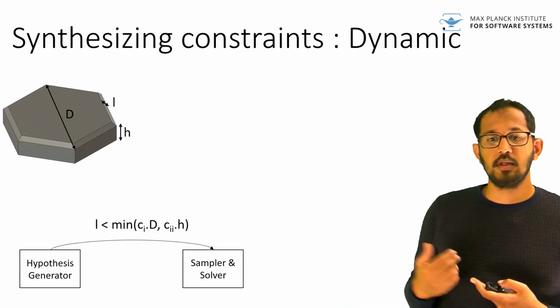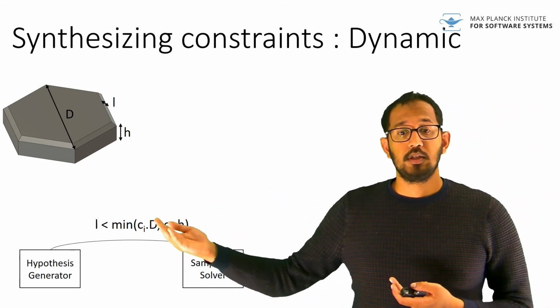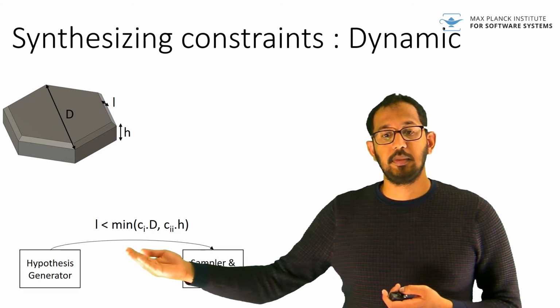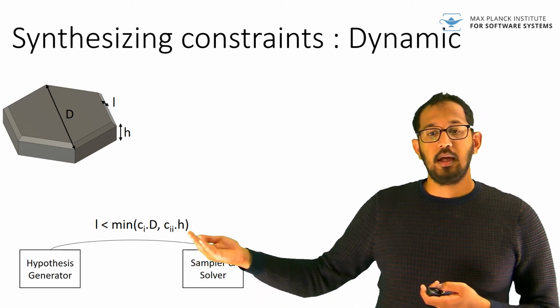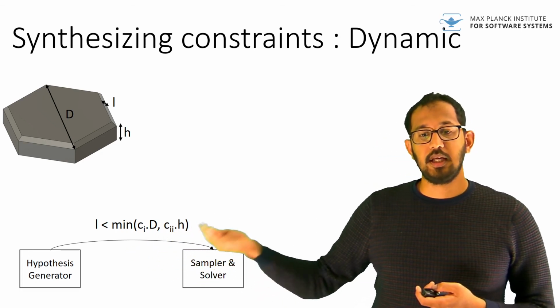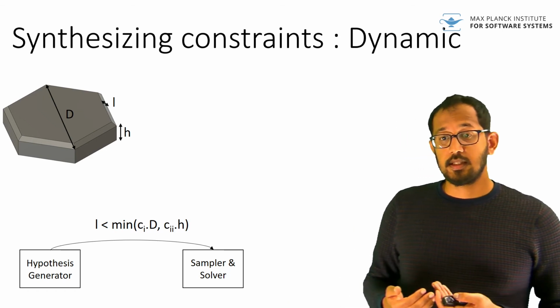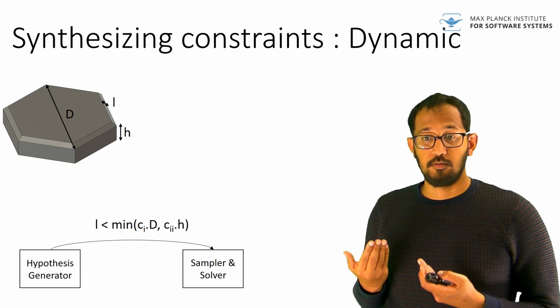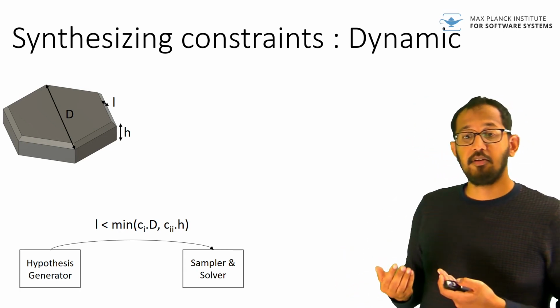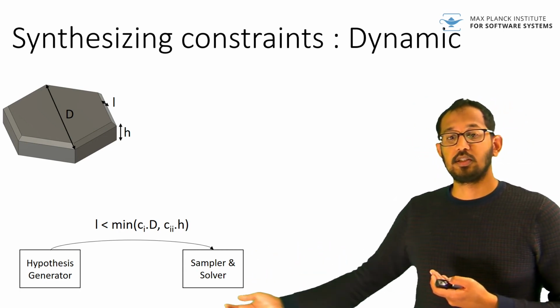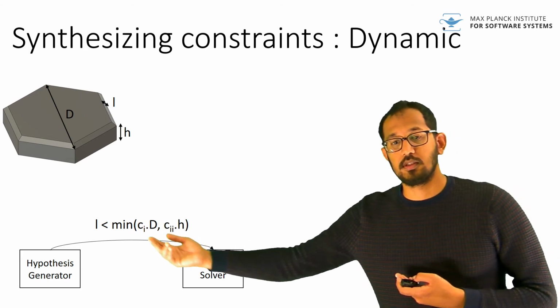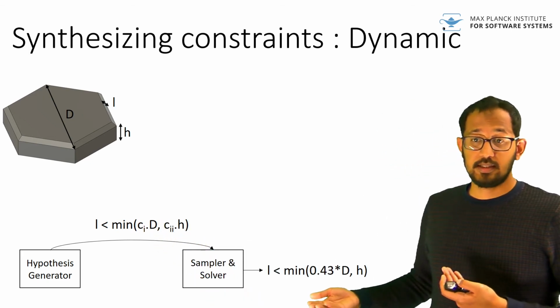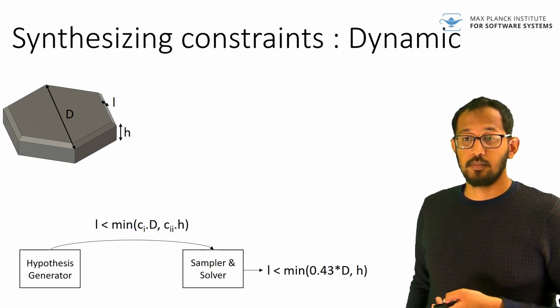After a few steps, our hypothesis generator could suggest this, that this is less than the minimum of some constant times d and some constant times h. In this case, if the sampler and solver says that, okay, this hypothesis fits, what we get as an end result through the solver is a solution for these constants as well. So we essentially get our final constraints.